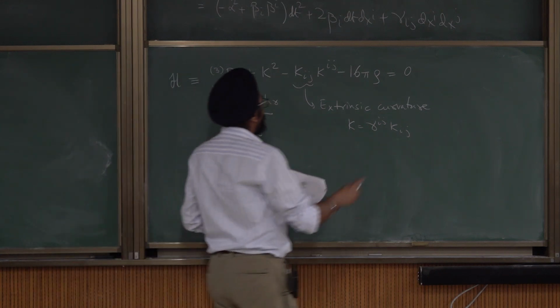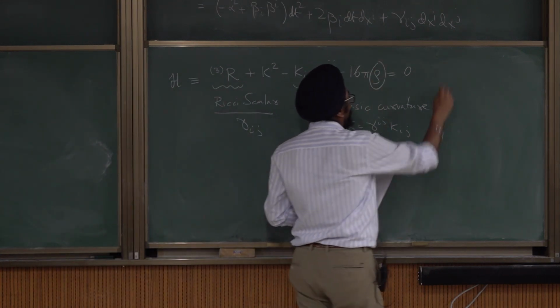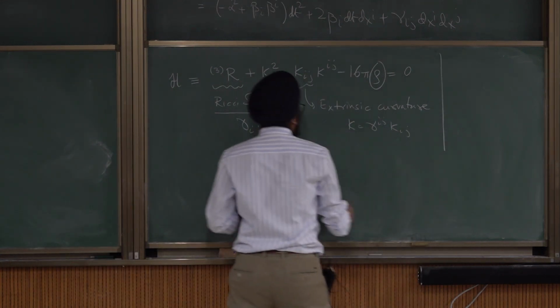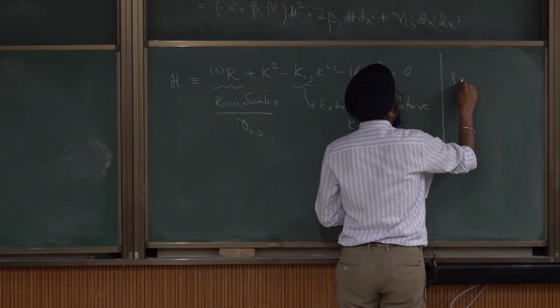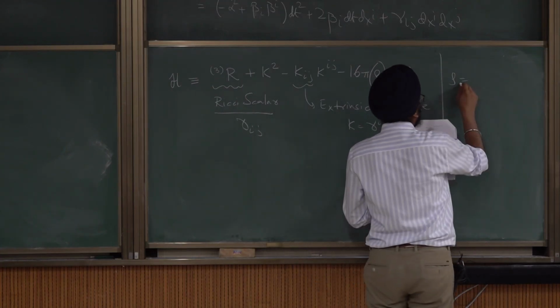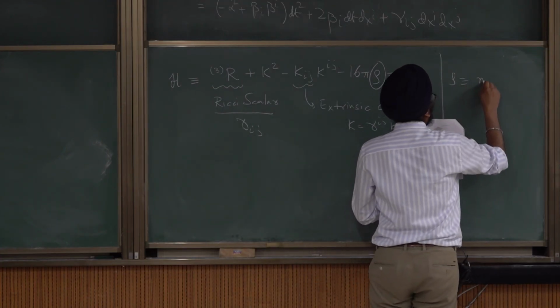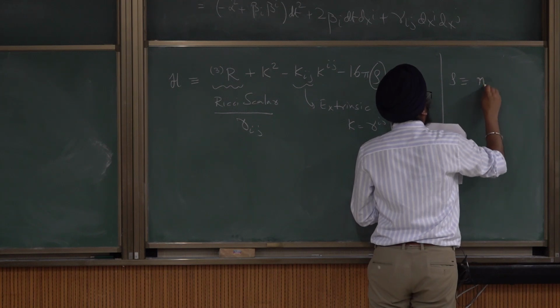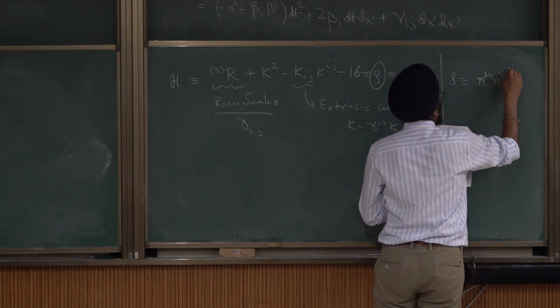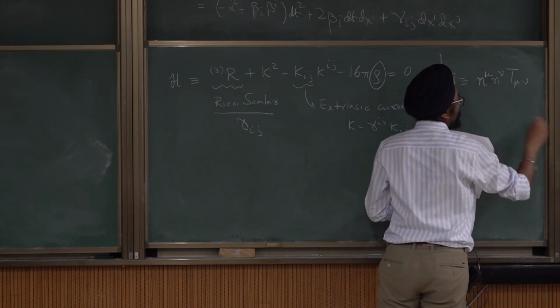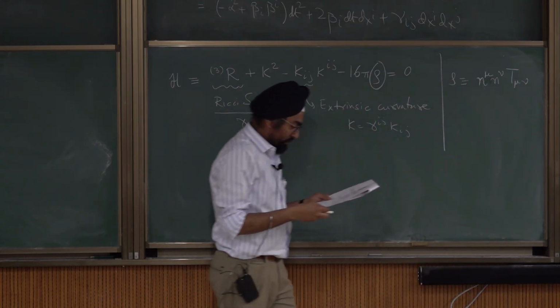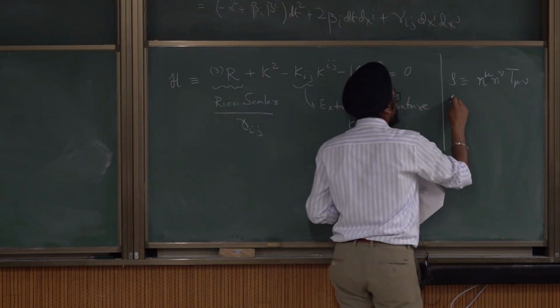And then you have this ρ, which is n^μ n^ν T_μν, so you have the T_μν over there. This is the energy density.